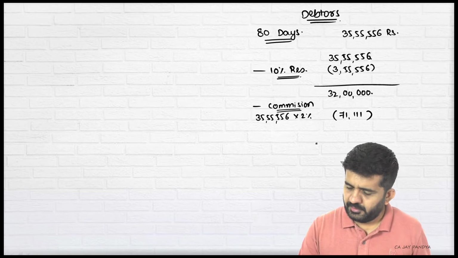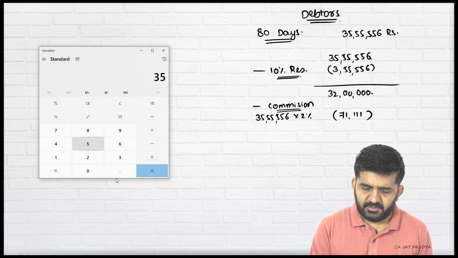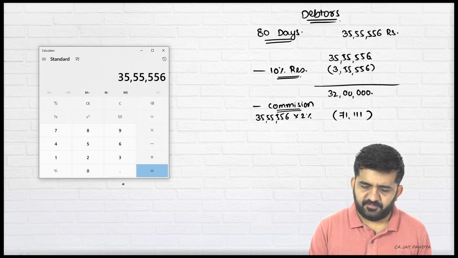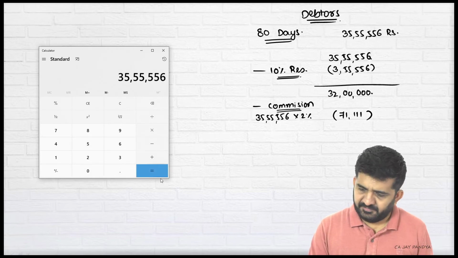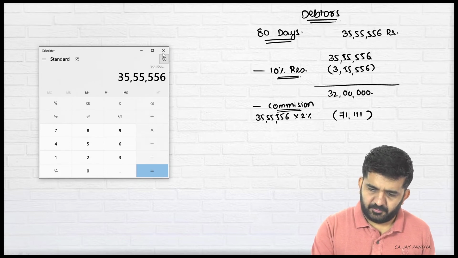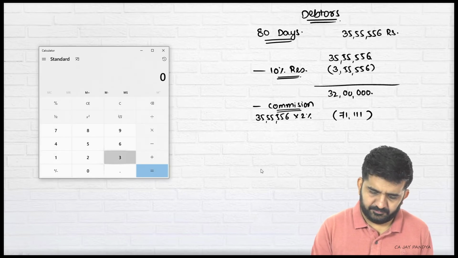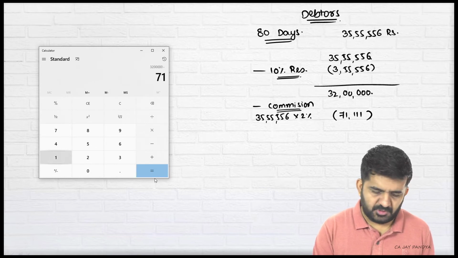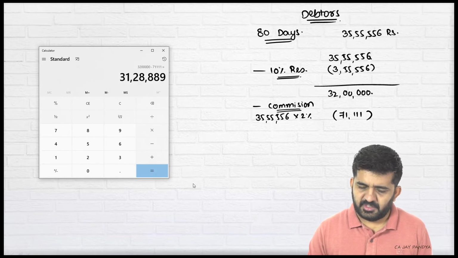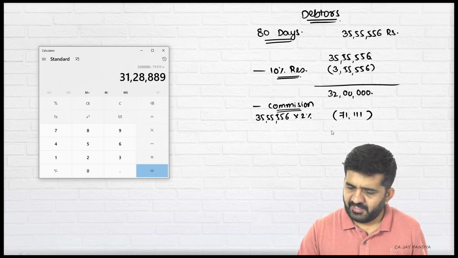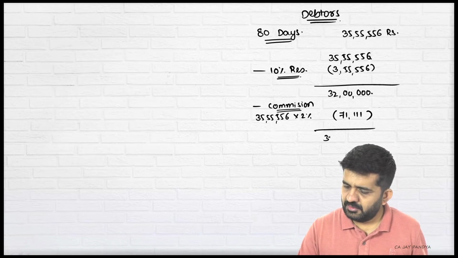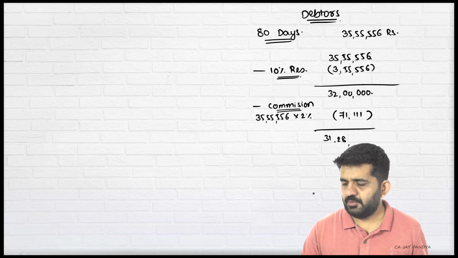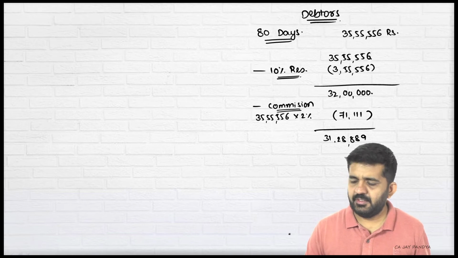So the remaining answer will be 35,55,556 minus, sorry, it will be 32 lakhs minus 71,111. That is nothing but 31,28,889.